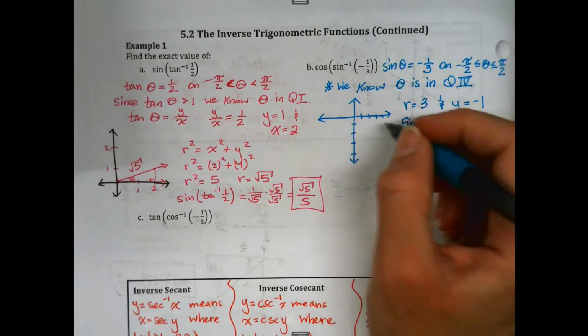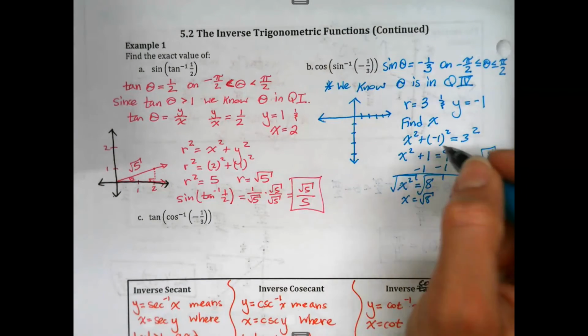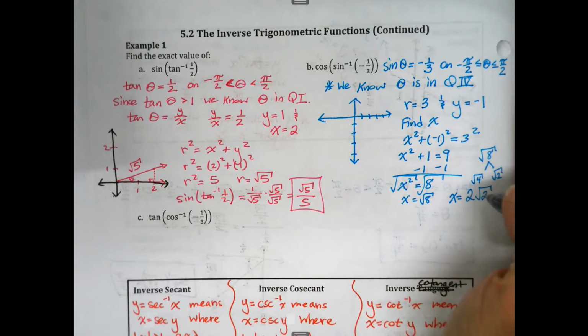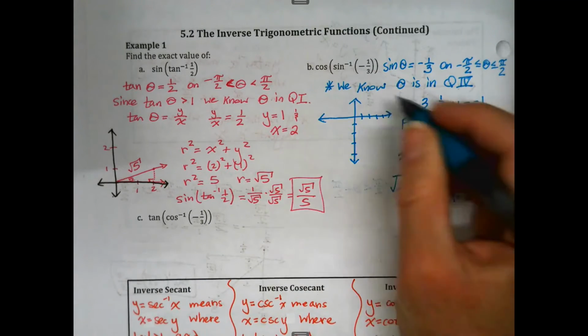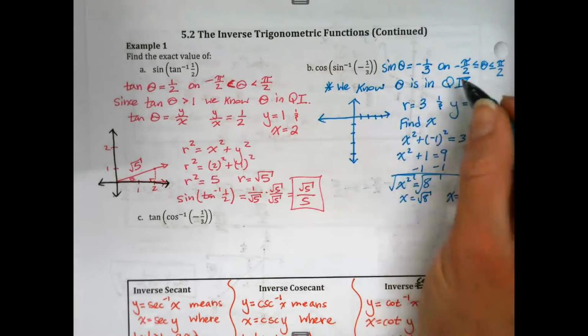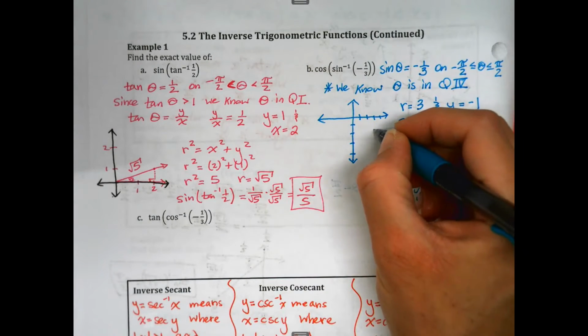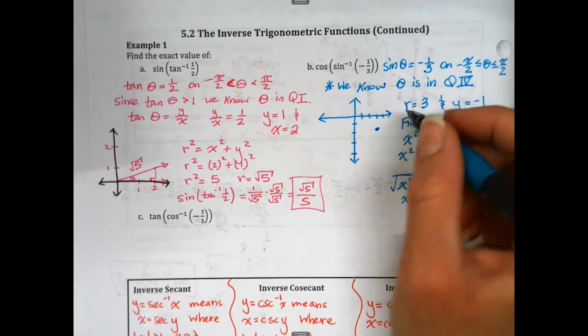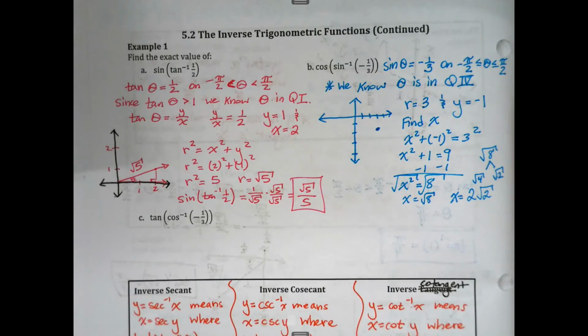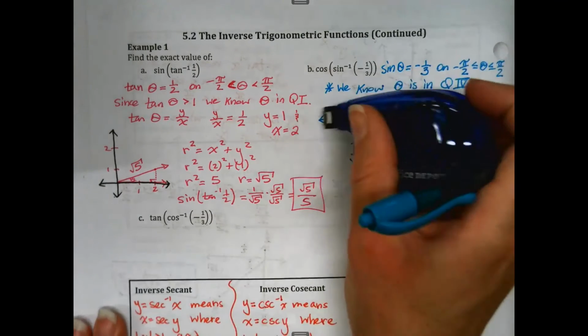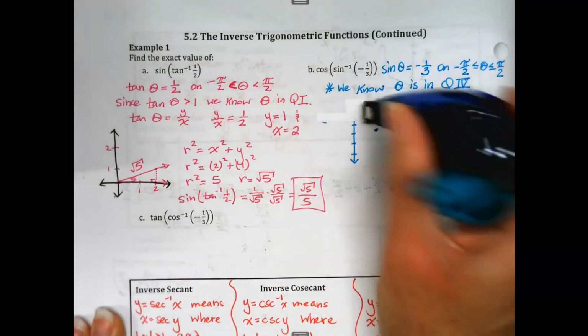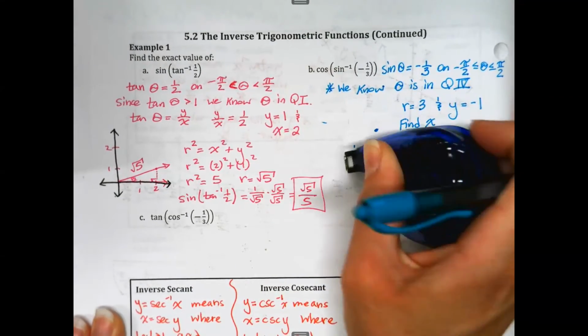So if we think about this in terms of our unit circle, we know that we're at an ordered pair of 2 square root of 2 and negative 1. So we're going to be somewhere about here. And actually, let's draw just a standard unit circle. It'll make this a little bit easier.